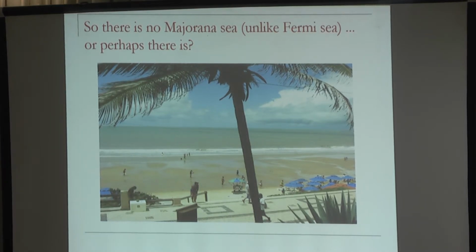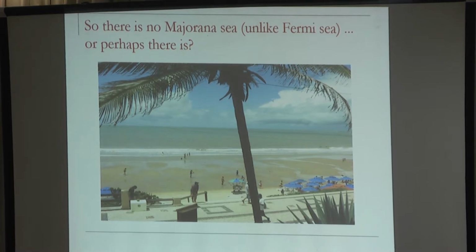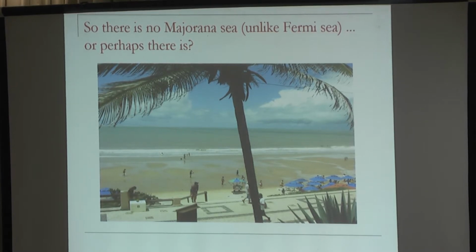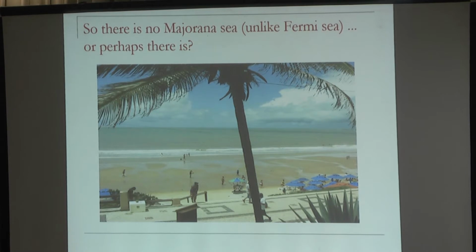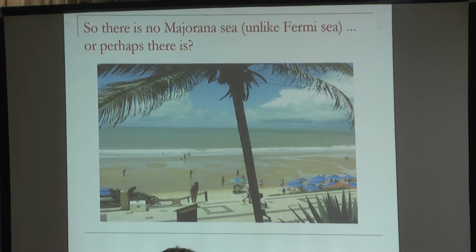And what I told you yesterday is that in this degenerate manifold of zero modes, you can now move by braiding. And that's a state that is very different from what you have in a Fermi sea. It's a non-abelian state of matter, so there is no Majorana sea once these Majoranas are very far from each other. And that's why you are not allowed to go there during my lecture.